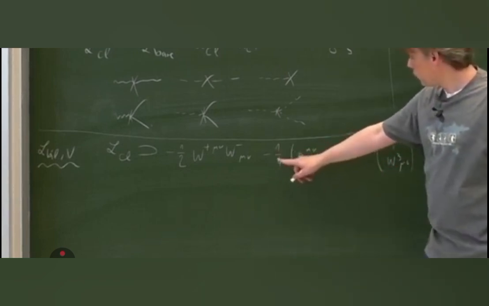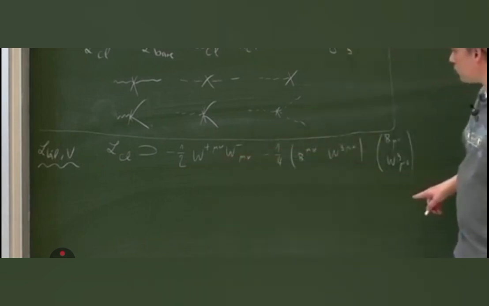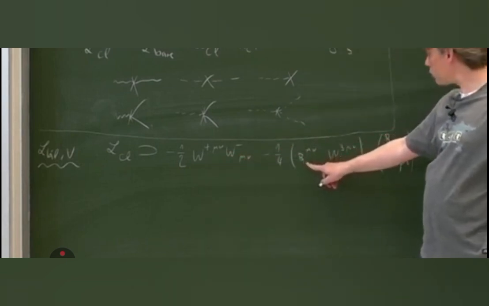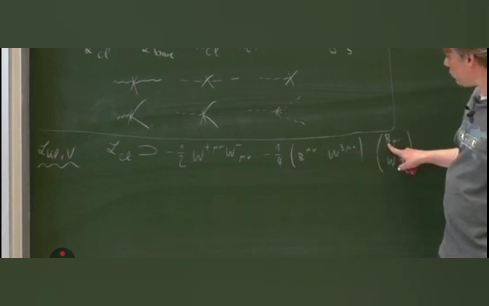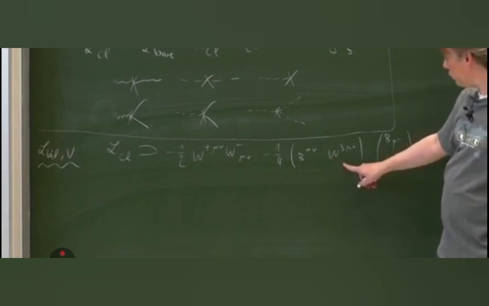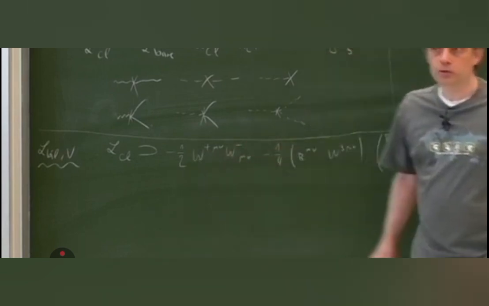So here I already went halfway to the physical basis, but not quite. You still see the original gauge structure where we would have a field strength tensor for the U1 gauge field, B mu nu times B mu nu, and field strength tensors for W1, 2, 3. W3 is here, and W1 and 2 are already combined to W plus minus.